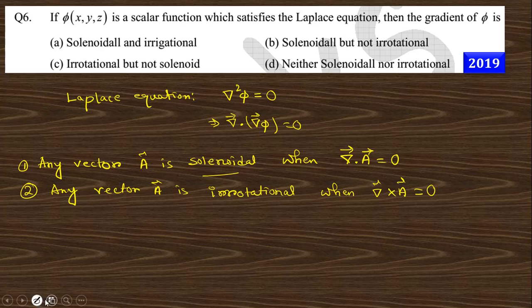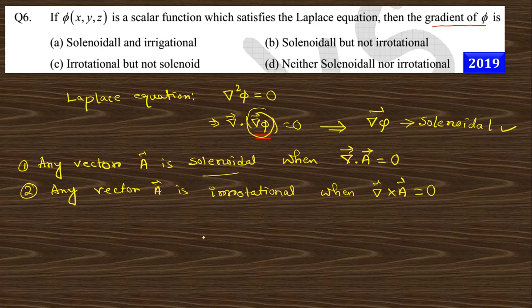Okay, our question says that for this Laplace equation, the gradient of phi, that means grad phi, is solenoidal or irrotational? This is the question, right? Here you can see that divergence of grad phi is 0, that means we can say grad phi is solenoidal.